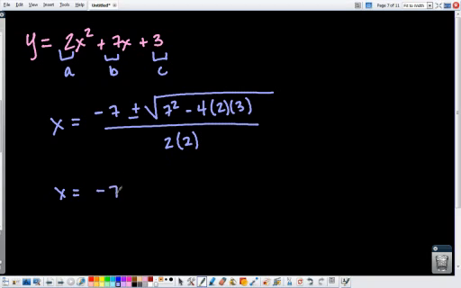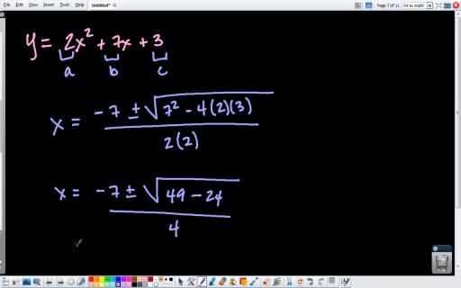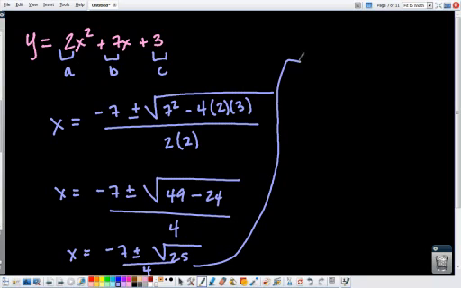So we end up with negative 7 plus or minus the square root of 49 minus 4 times 2 is 8, times 3 is 24, divided by 4. That gives us x equals negative 7 plus or minus the square root of 25, ooh, a perfect square, divided by 4.